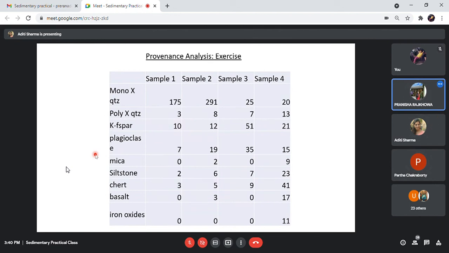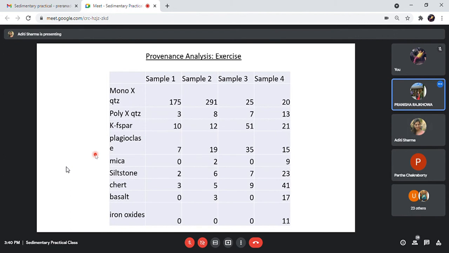Is it right? Okay. Sample one and sample two are in the Craton Interior. Third sample is basement uplift.